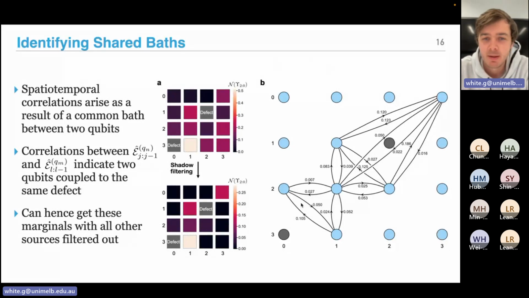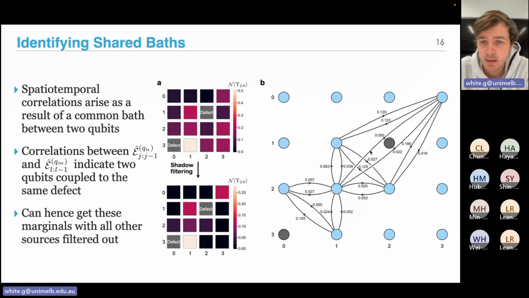Cool, no worries. So in this first panel, we're looking at purely temporal correlations, and we can see which qubits are non-Markovian. In the next panel we look at spatiotemporal correlations, so the marginals on one qubit from one time to the next, and a different qubit from a different time to the next. And the correlations between these can only be as a result of a shared bath. And so when we compute these correlations, this is measured as the quantum mutual information, but the exact number is not important.